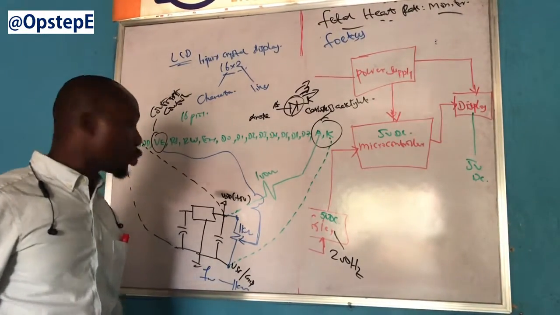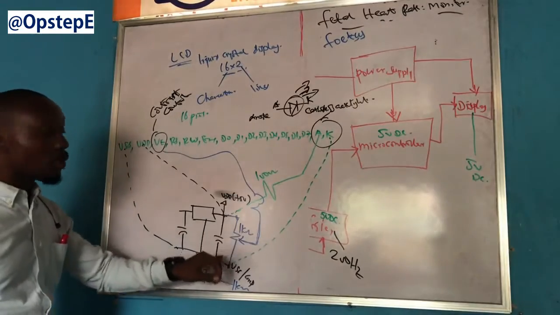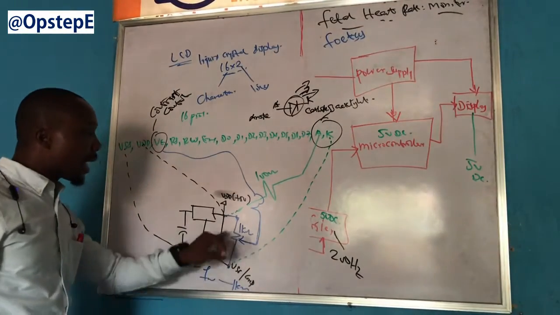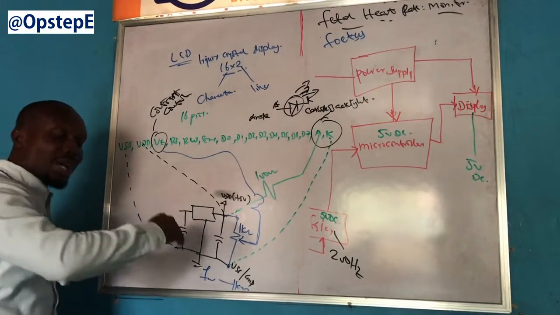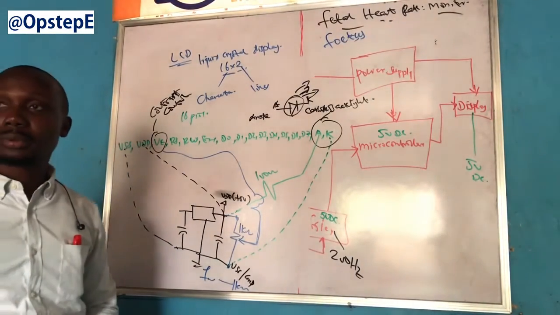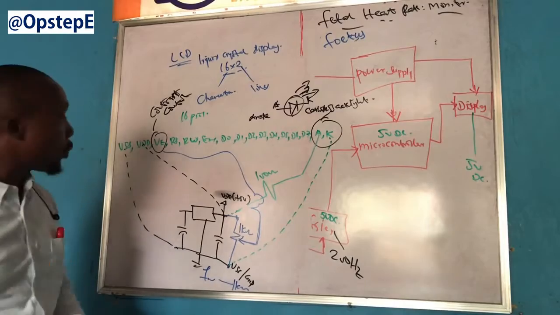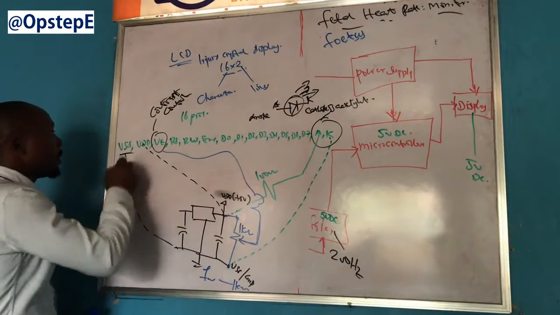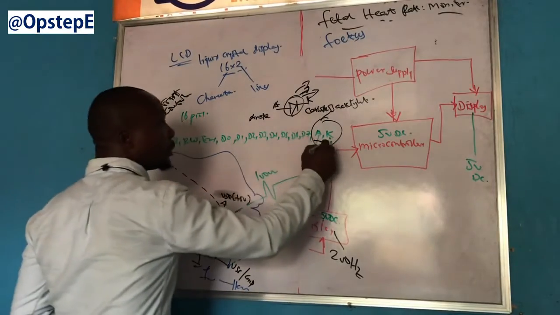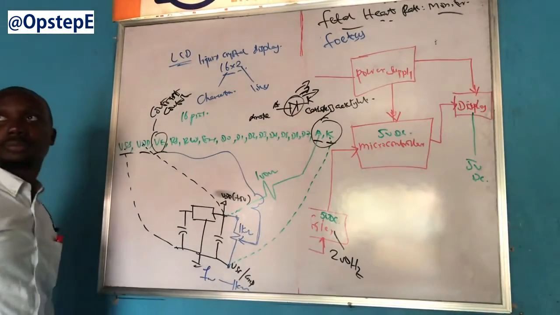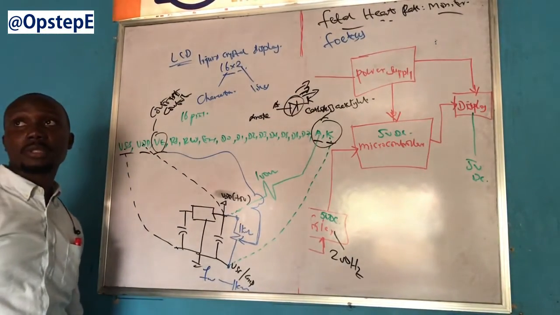So clear? So you have the variable resistor across your VDD and VSS, and then the control goes to your VE, so that as you turn the knob, you can set the contrast level yourself. So if you look at it, you are taking out VDD, VSS, VDD, VE, anode, and cathode. Does this make sense?